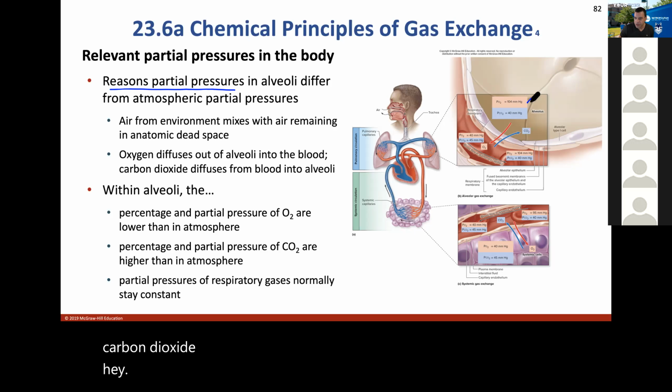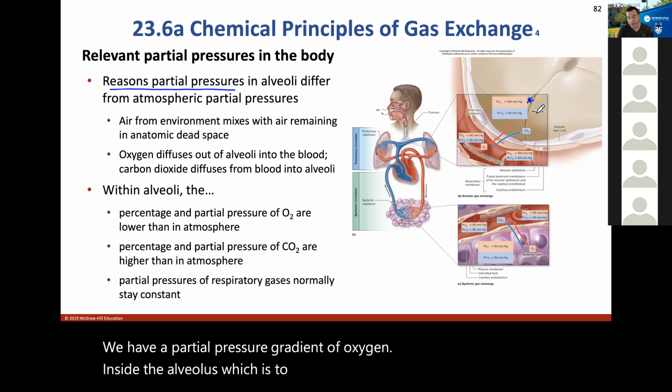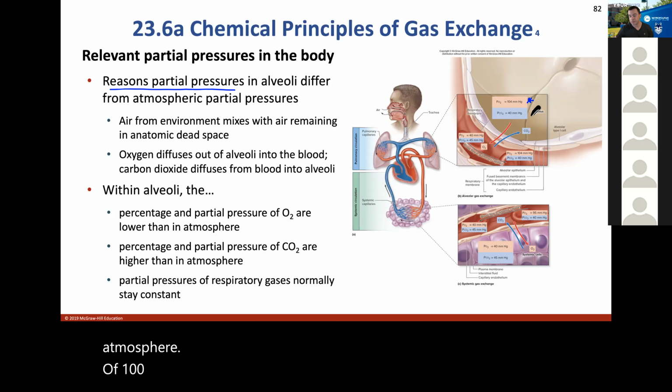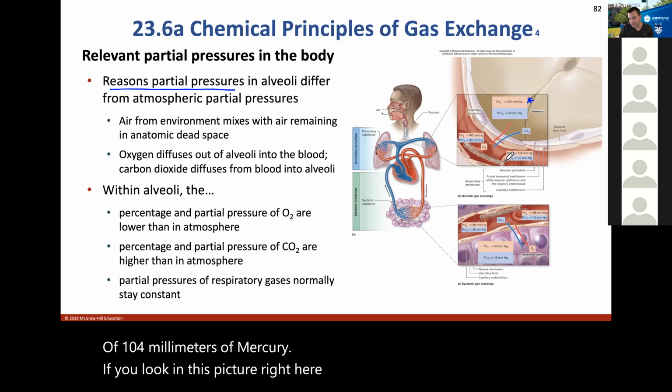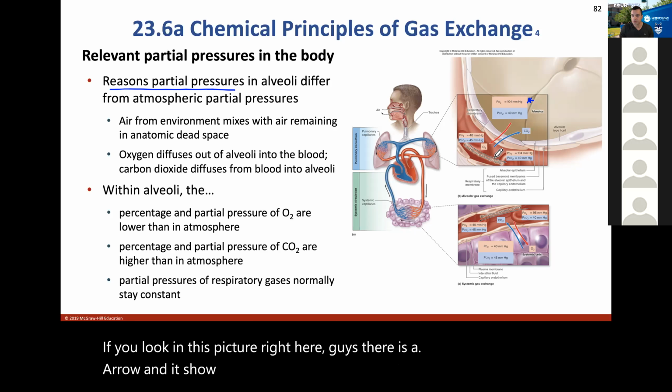We have a partial pressure gradient of oxygen inside the alveolus, which is to say inside the atmosphere, of 104 millimeters of mercury. If you look in this picture right here, guys, there is an arrow, and it shows you how blood is moving through this tiny little capillary.